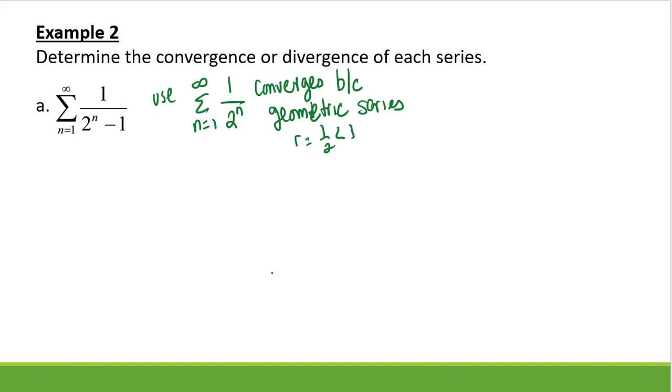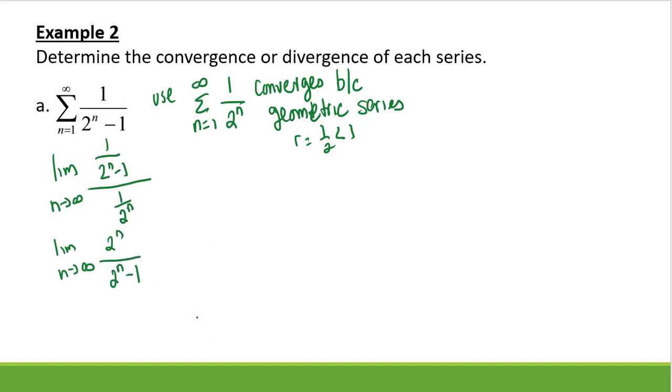So I now do the limit as n goes to infinity of the one that we are given over the one that we're comparing it to, which simplifies to this. What does that limit equal? As you go to infinity, the 1 doesn't really matter, so this goes to 1.